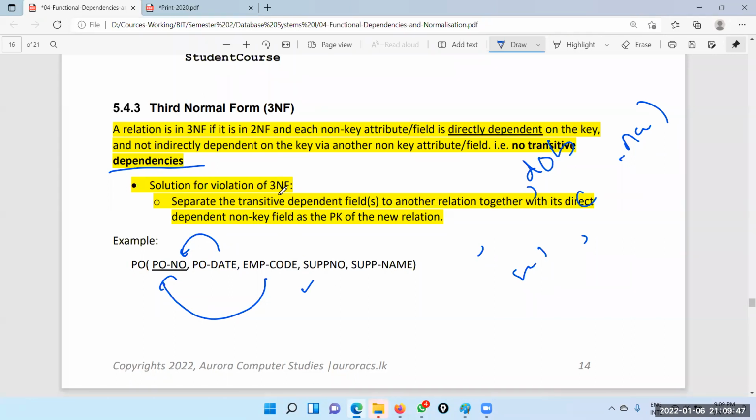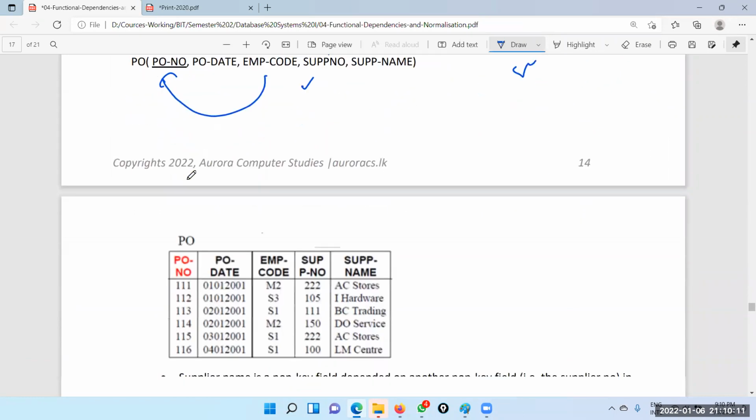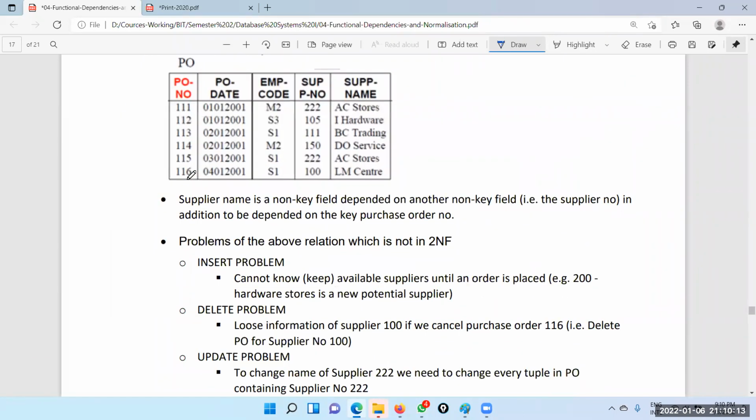Now you can see supplier number is depending on the purchase order. But supplier name depends on the supplier number, and supplier number depends on the purchase order number. So therefore, it's a transitive dependency. Okay, there's an indirect contact, no direct contact.